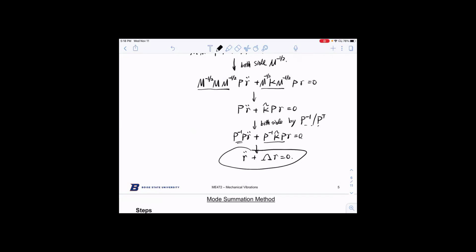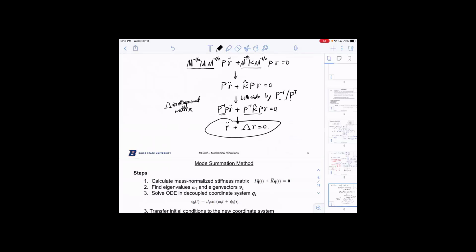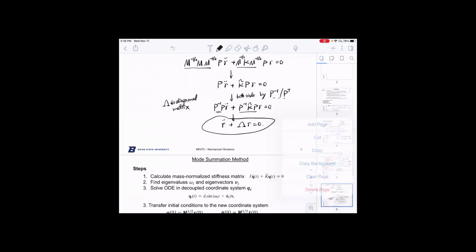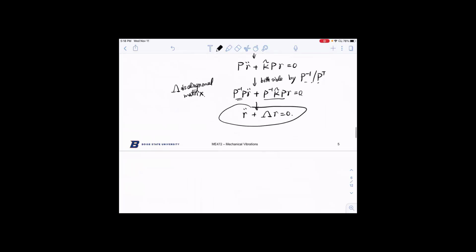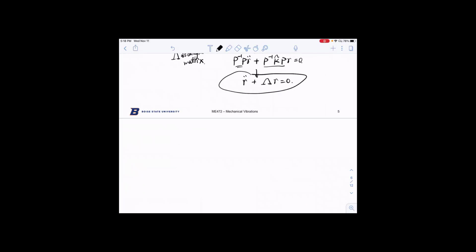Then you see the benefits, right? Because lambda matrix is a diagonal matrix. That means in this R domain, all the equations are decoupled. If you want to write it out in R domain, you actually have n individual ODEs.